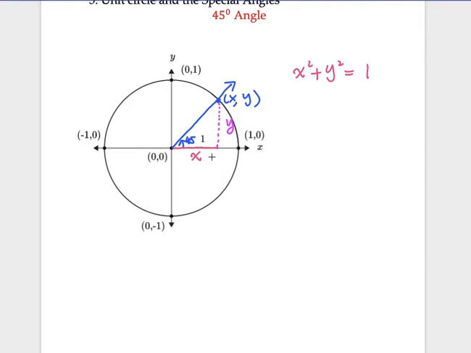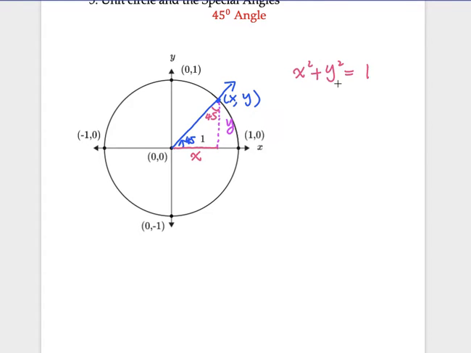Next thing is important. If this is 45 degree, we know this right triangle, this is also 45 degree, right? That's because all three angles add up to 180 degree, and of course, these two are going to add to 90. So if this is 45, this is 45, that means x and y are the same thing.